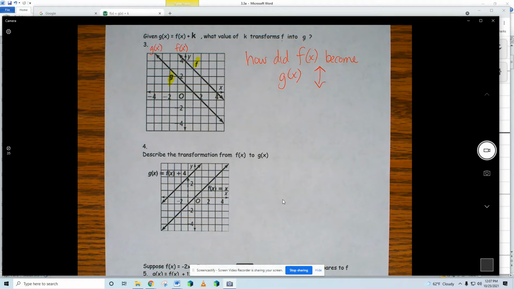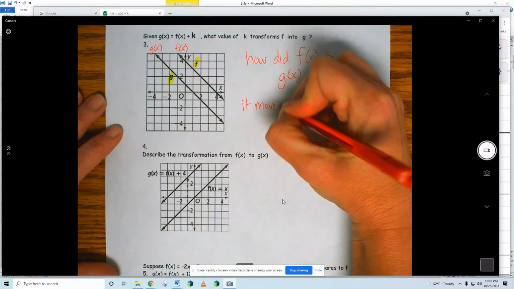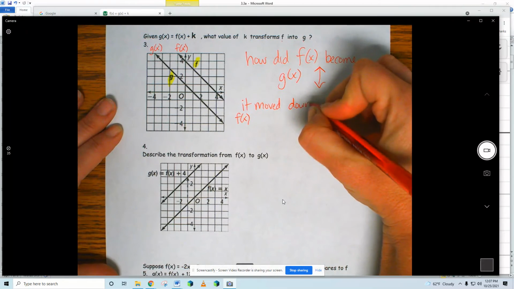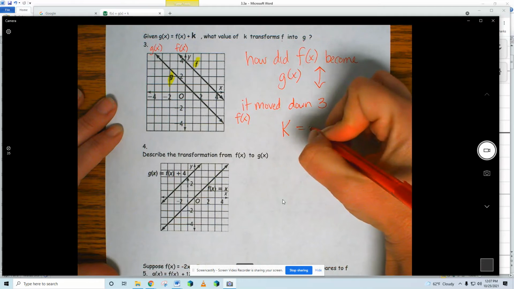How did that line move, did it go up? Did it go down? It moved down, and I'm just going to say down 3. So k, it being f of x, moved down 3. So k would be negative 3.